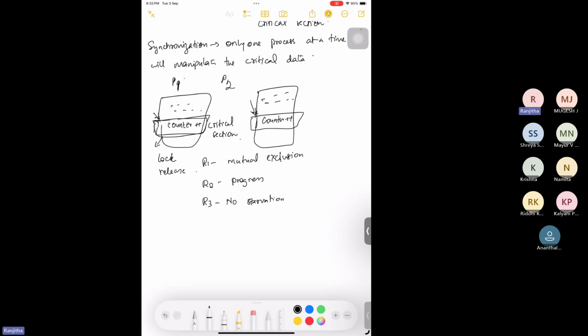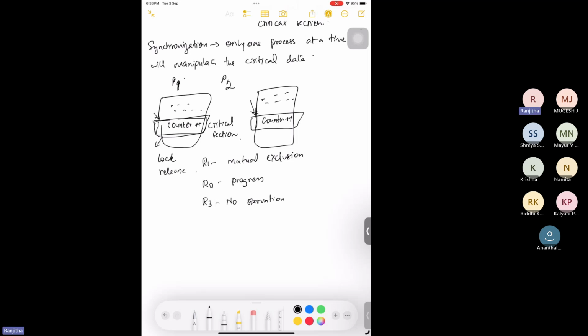So the locking mechanisms also have to ensure that. If we design a locking mechanism which can lead to a deadlock situation, like both P1 and P2 not being able to enter, then this requirement is not met. So when we are designing a synchronization or locking mechanism, we must ensure that these three requirements are met.